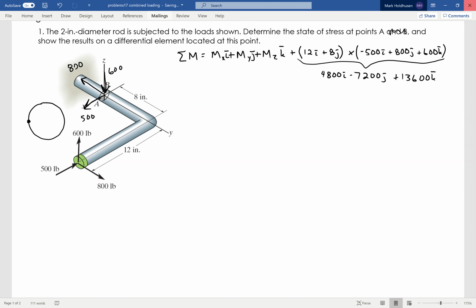Oh, excuse me. Of course, I do it wrong. Again, I flip it around, and A will actually be over on this side, right? That's point A over there.